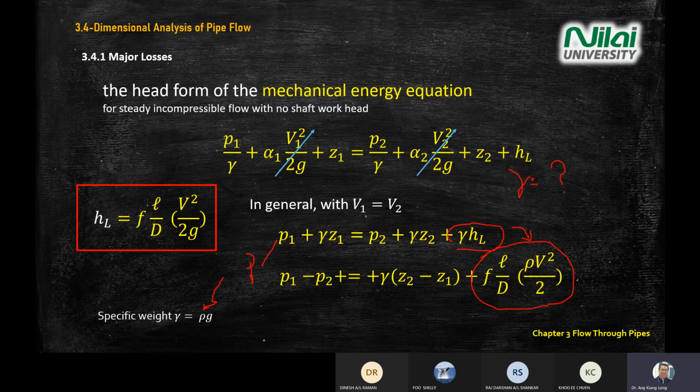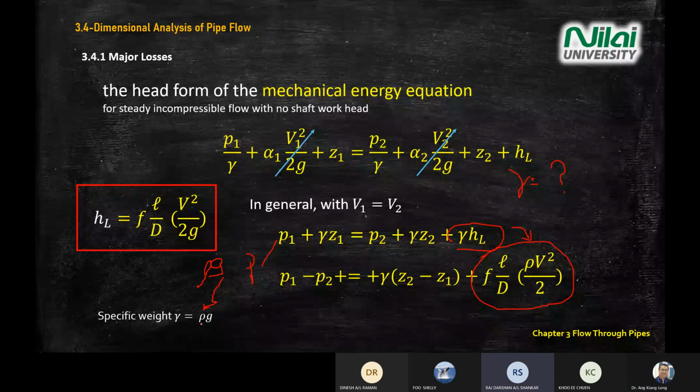Rho G. Raj, do you see this one as P? Yes, sir. What is rho? What is the gamma? Rho G, sir. Correct.